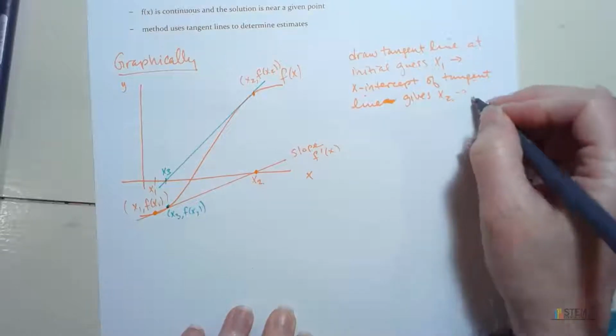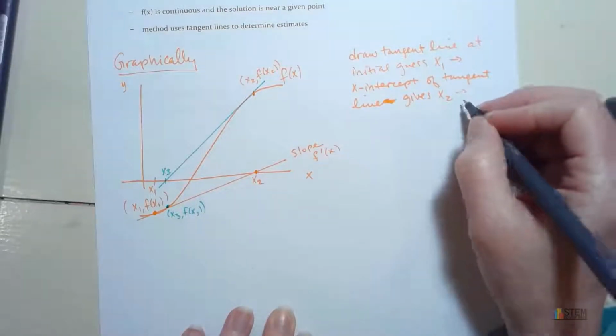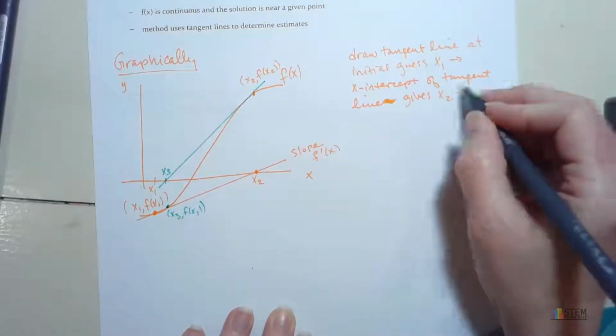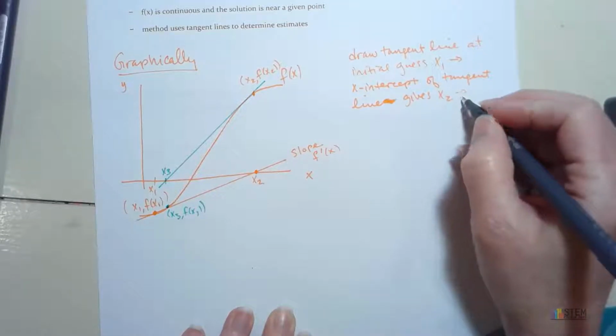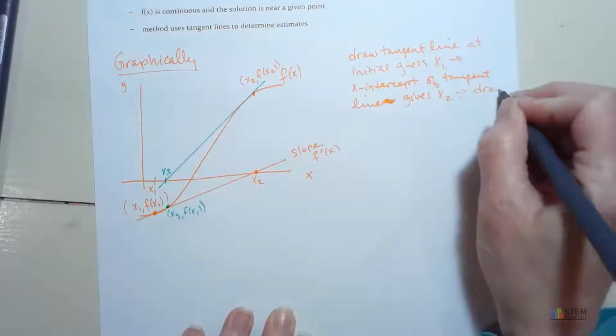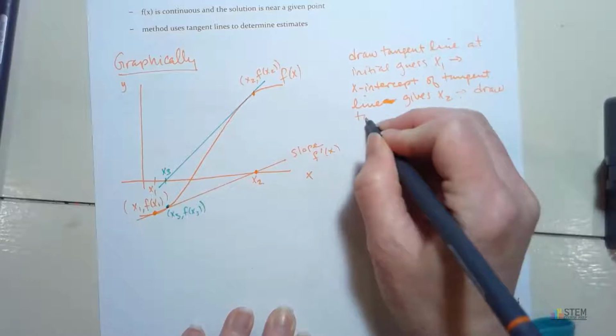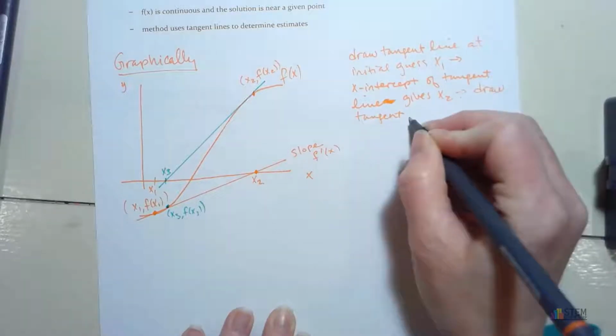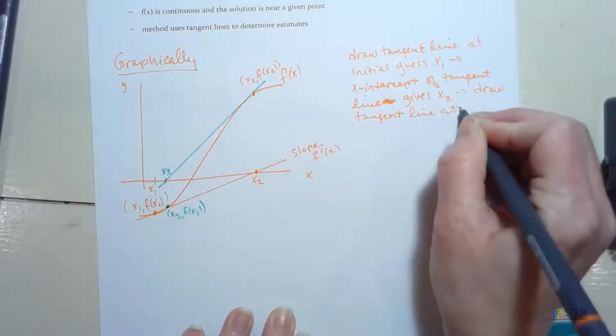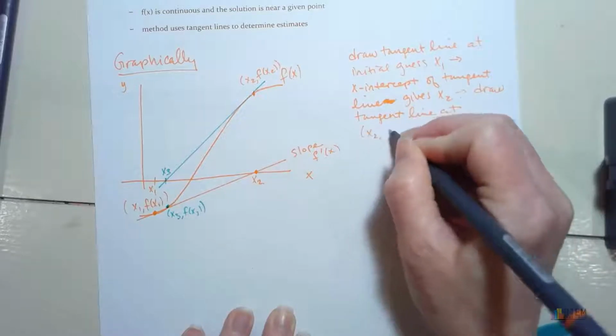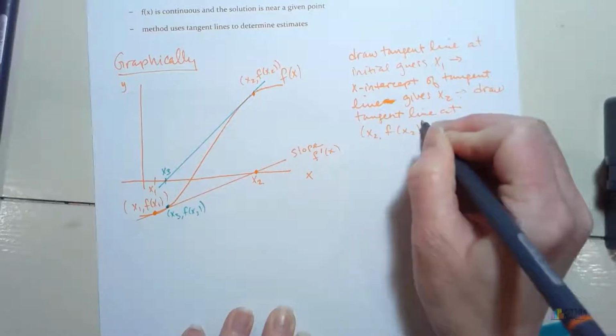So let's finish writing this out. Our x-intercept of the tangent line gave us x2, so then you would draw a tangent line at x2 and f of x2.